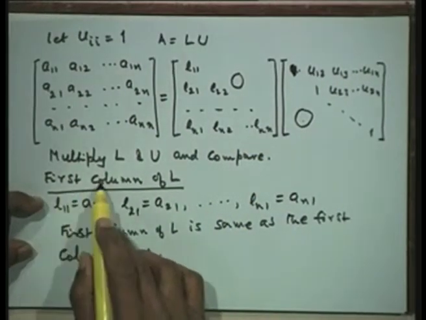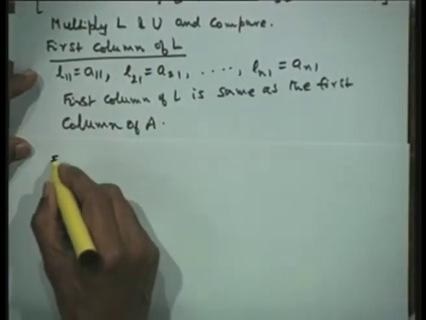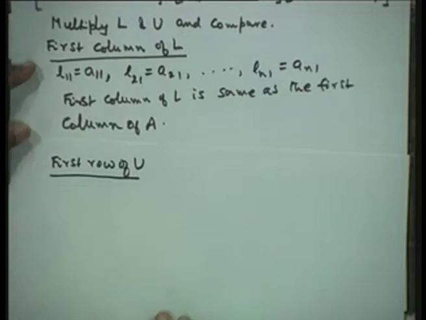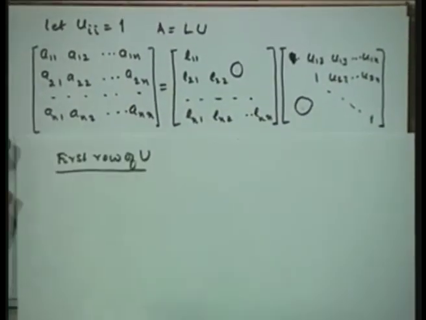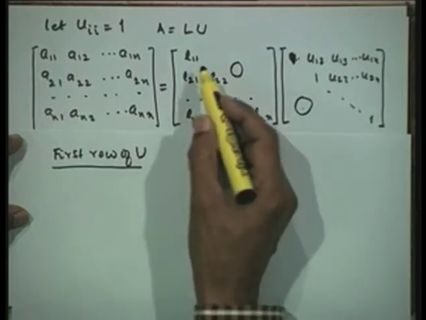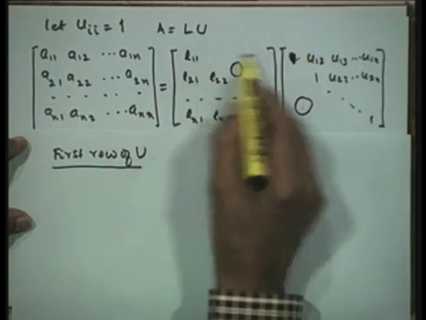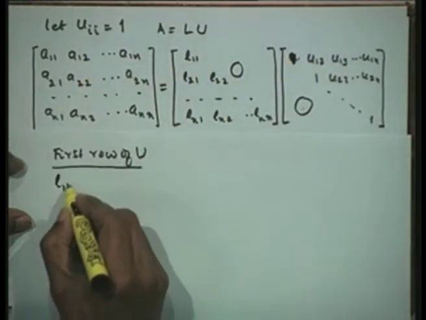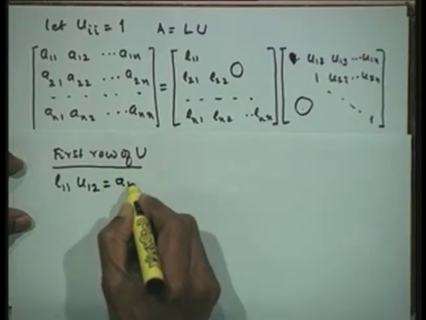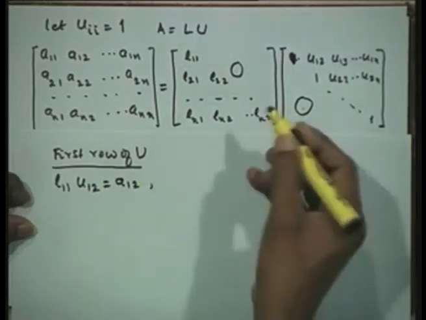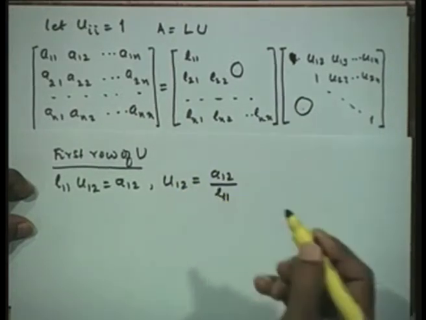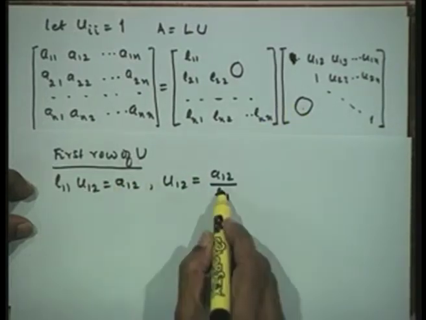Then we go to the first row of U. So, in the next step I would now proceed with the first row of U. Multiplying the first row by the second column, L11 into U12 is A12, so U12 is A12 by L11.